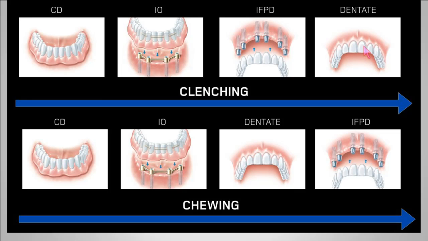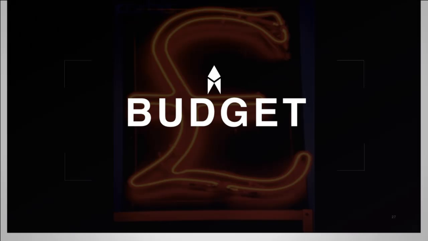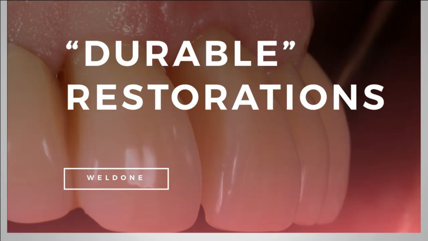But when clenching, dentate patients are able to clench the hardest. But in terms of chewing, between the dentate patients and the implant fixed partial dentures, the patients with implant supported restorations are able to exert much higher chewing forces.